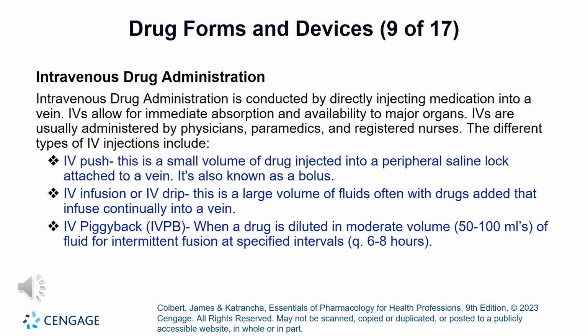It's also known as a bolus. There's IV infusion or IV drip. This is a large volume of fluids, often with drugs added, that infuse continually into a vein. And the IV piggyback, or IVPB, is when a drug is diluted in a moderate volume, 50 to 100 milliliters of fluid, for intermittent infusion at specified intervals. Usually that's every 6 to 8 hours.